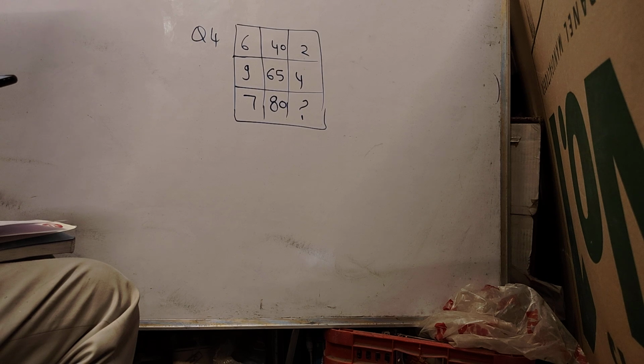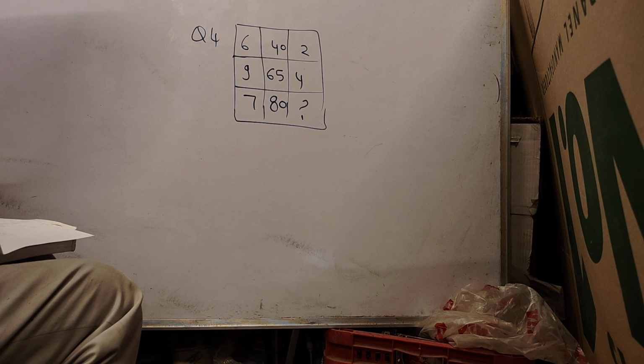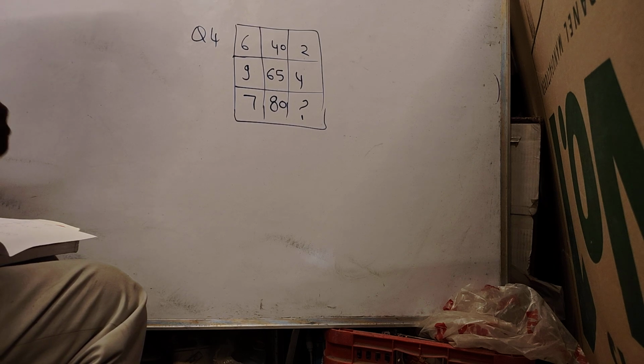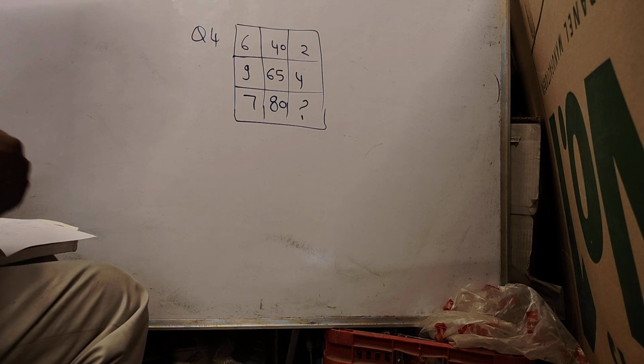I think it might be a single digit because on both sides it's a single digit, but just the middle one is not. Yes, a single digit is there, but what number can you guess?